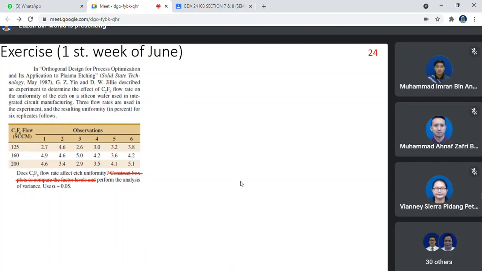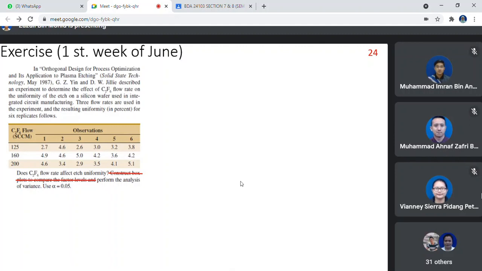So the question here is orthogonal design of process automation and its application to plasma etching. Describe an experiment to determine the effect of C2F6 flow rate on the uniformity of etch on a silicon wafer used in integrated circuit manufacturing.